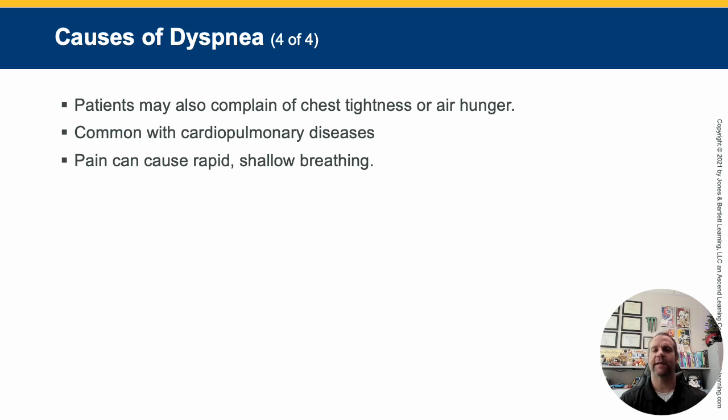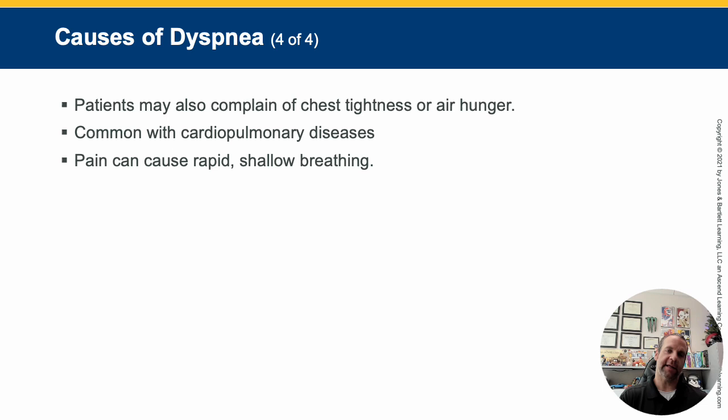So these patients may describe a sensation of chest tightness or air hunger, which can feel like they're suffocating despite breathing rapidly. Another factor to consider is pain, especially from injuries to the chest or abdomen. Pain causes patients to take shallow breaths to avoid further discomfort.